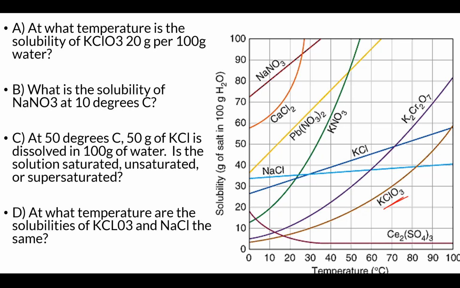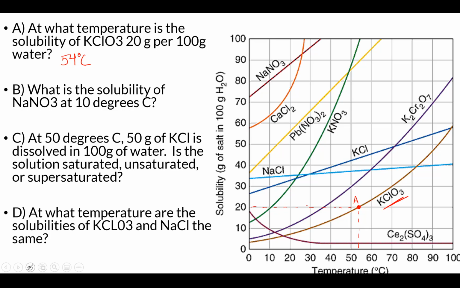And we want to find the temperature where the solubility, our y variable, is 20 grams per 100 grams. So that's right here. So let's find where that intersects with our solubility curve. And it's right here. So what temperature is that? That looks like it's about maybe 54 degrees Celsius. So for A, it's going to be about 54 degrees Celsius.